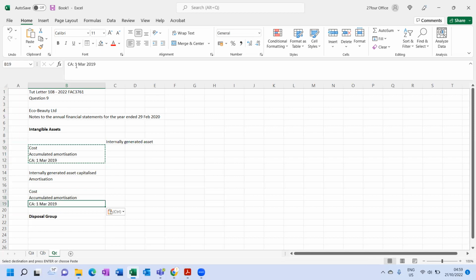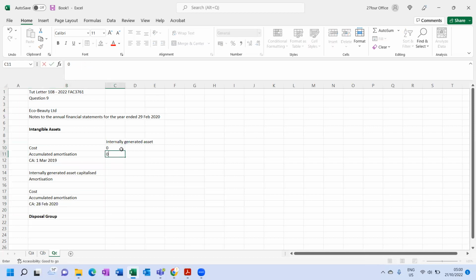Okay, but this would be 28 Feb. Now we know this only happened in the current financial year. So it will be zero costs, zero amortization. So the carrying amount at the beginning of the year would be 0.